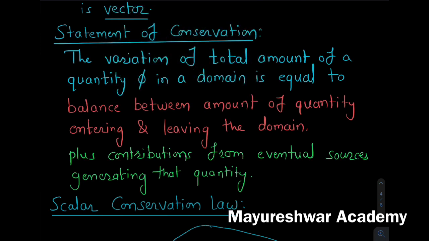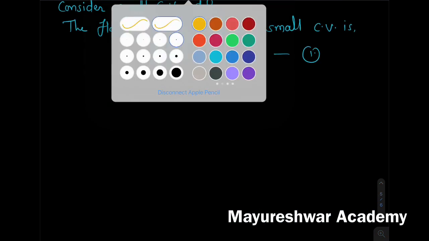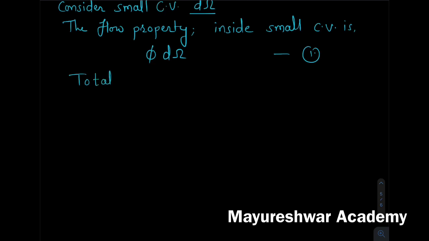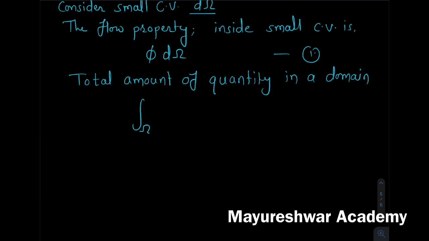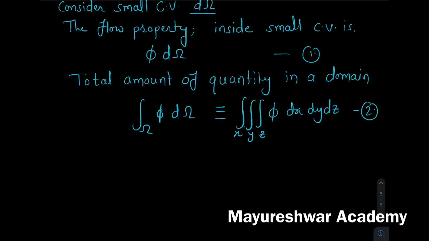So according to this statement, the first part states the total amount of quantity in a domain. Right now we have just formulated a quantity within a small domain. So the total amount of quantity in a domain will be the integral form of that: the volumetric integral, omega integral phi d omega, which in our Cartesian frame xyz is a triple integral of phi dx dy dz.